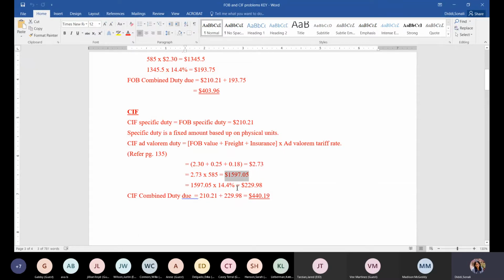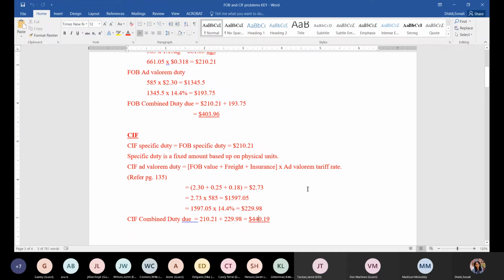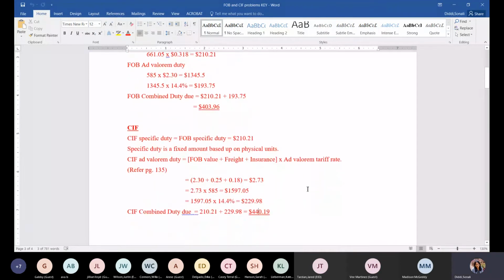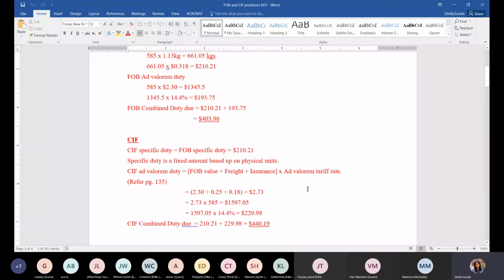And then 14.4% of that also increases the total ad valorem duty. So you should have gotten $440.19. Everybody with me here? Everybody okay? Any questions?